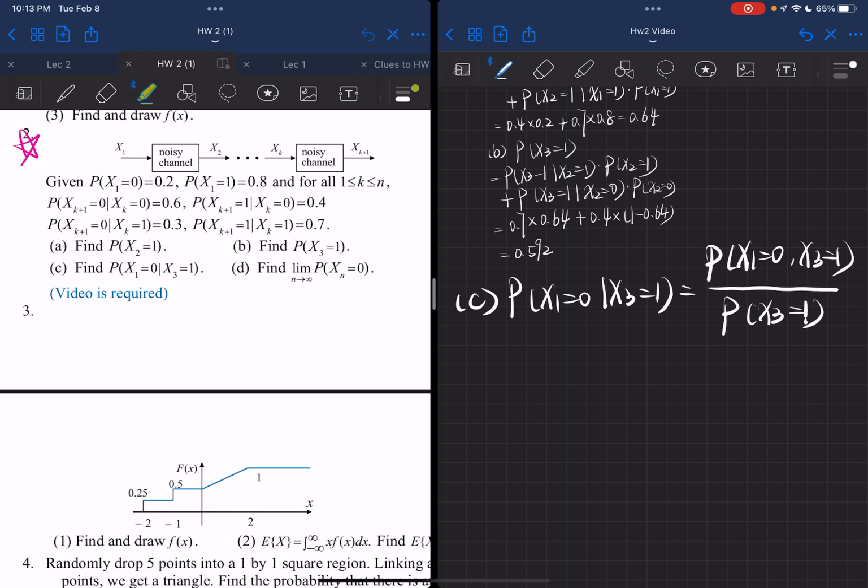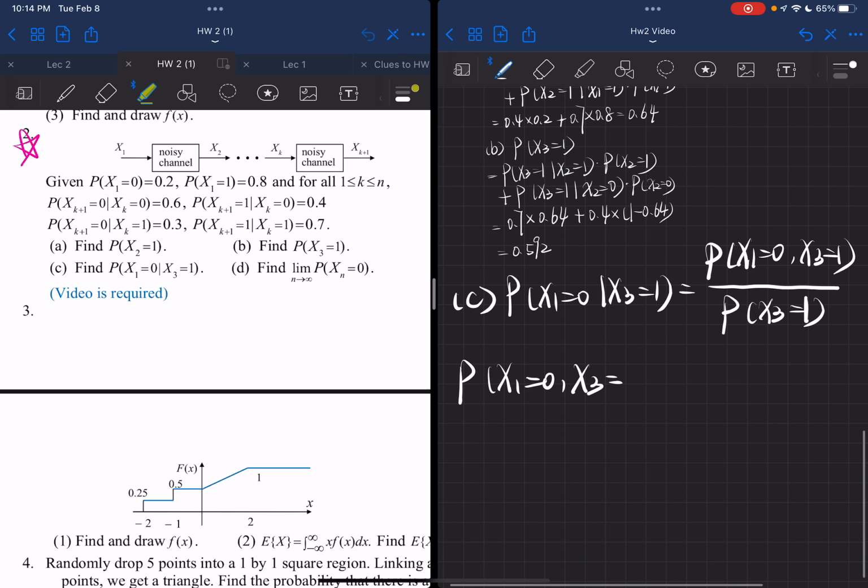We have already got the probability of x3 equals 1, which is 0.592 in part B. So we just need to calculate the probability of x1 equals 0 and x3 equals 1, and we can rewrite this by applying the Bayesian formula again.